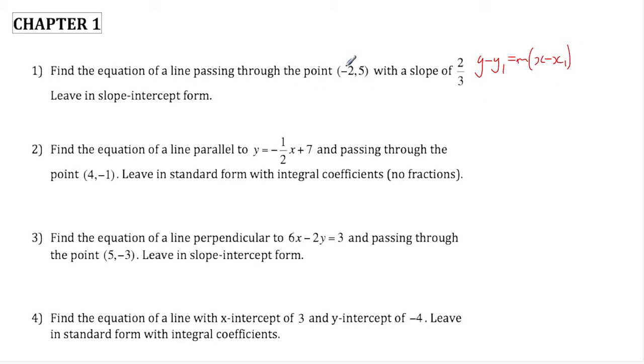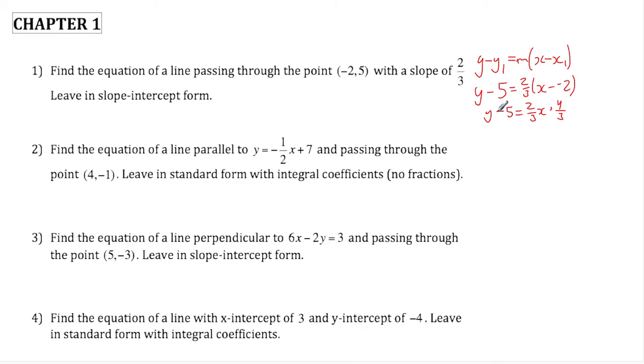So we're going to have y minus 5 equals 2/3 times x minus negative 2. When we distribute, we get 2/3 x plus 4/3.